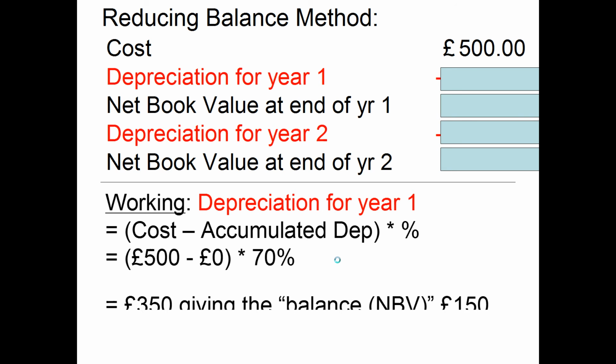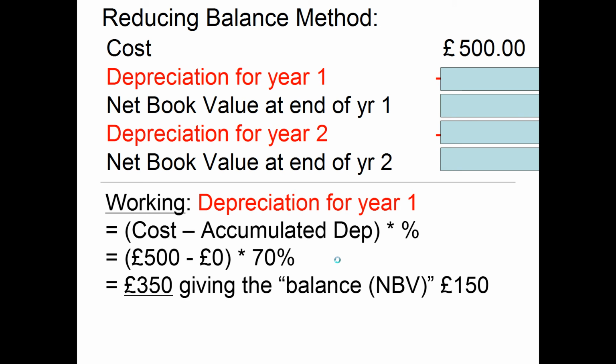Let's look at year 2. So year 2, now this is where, again, students need to apply the same method again. This is why I wrote the first one the way I did. So in year 2, what are we going to find 70% of? Is it 70% of £500 or a different number? Well, it's 70% of the net book value from the previous year.